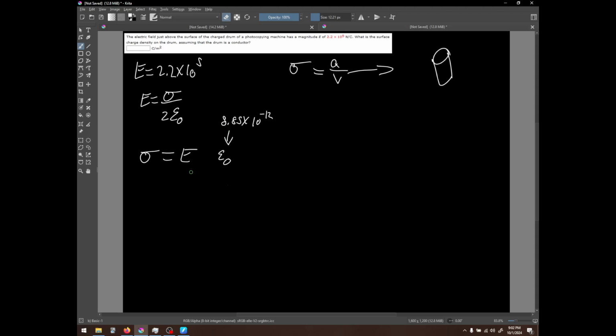It says here in the notes later, E equals surface charge over epsilon 0. So why don't I just do that?